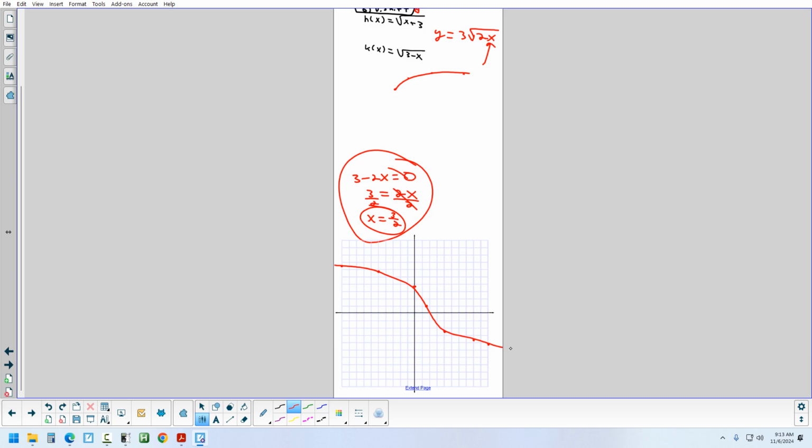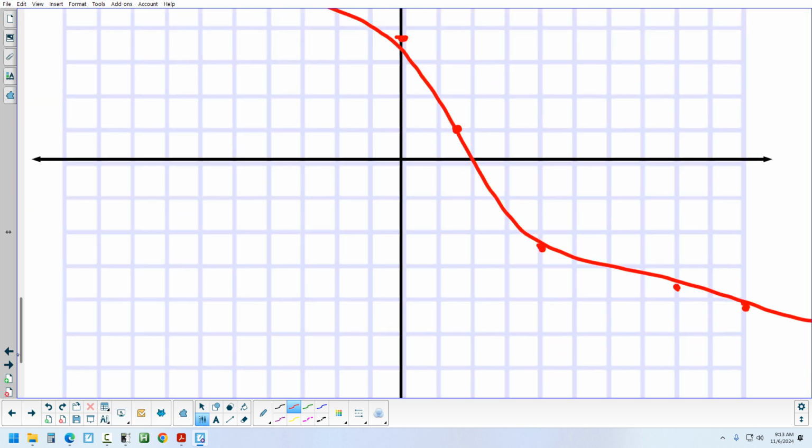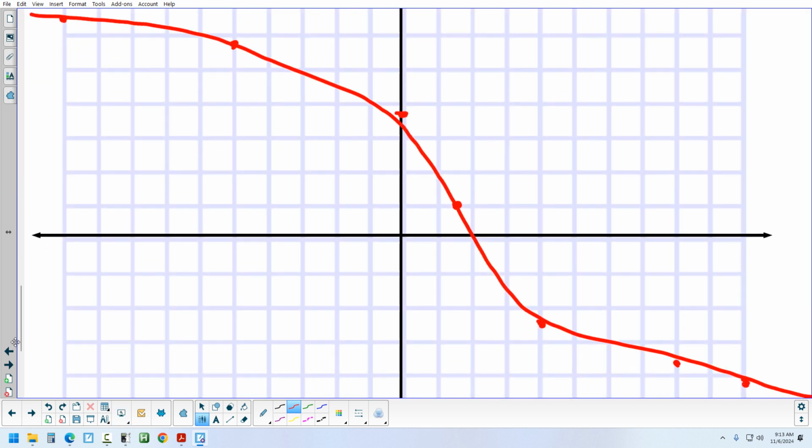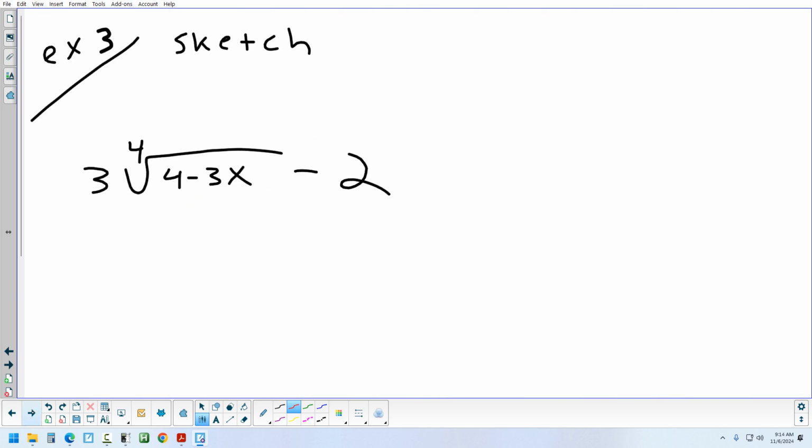That's basically what your graph should look like. Okay. Any questions on that? All right, so that's a cube root. Goes in both directions. Let's try this one.